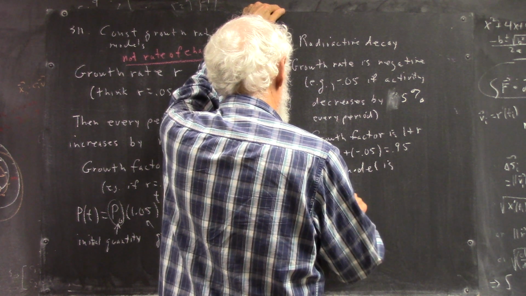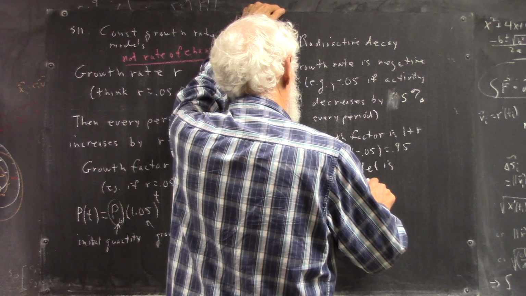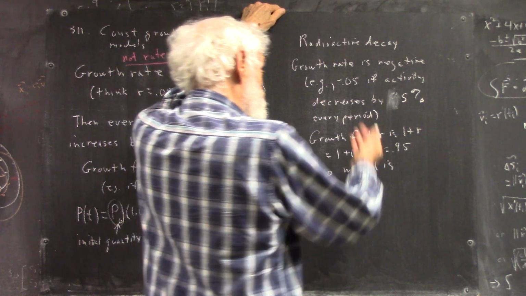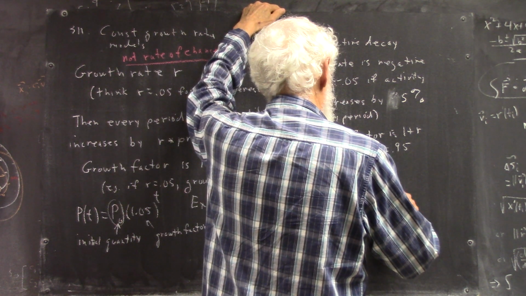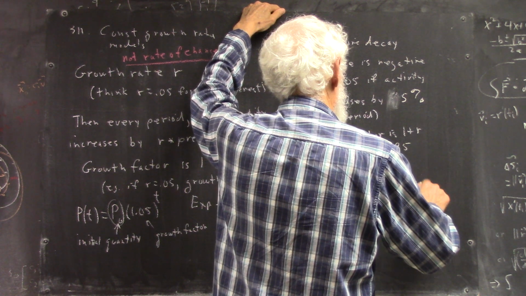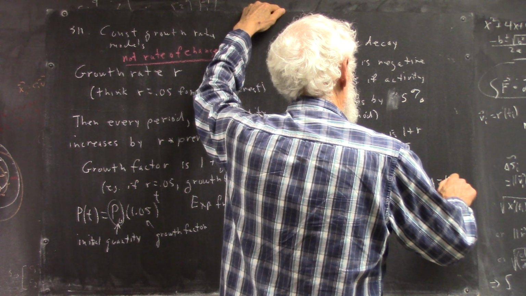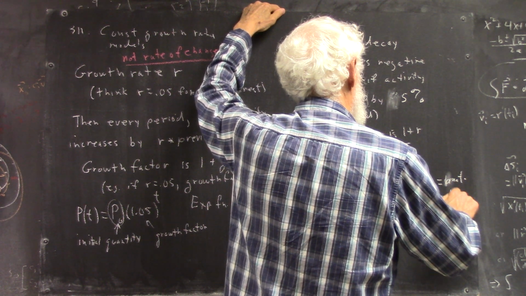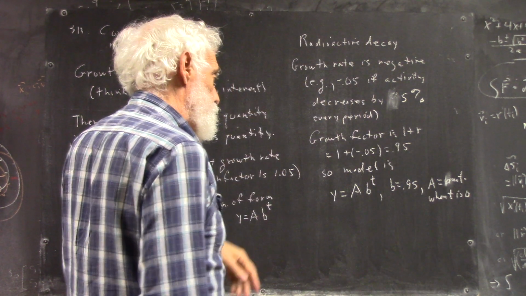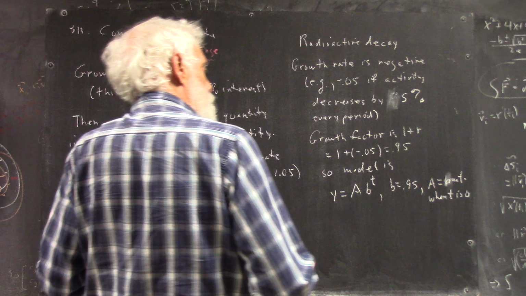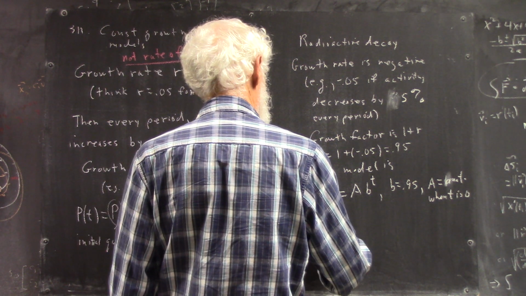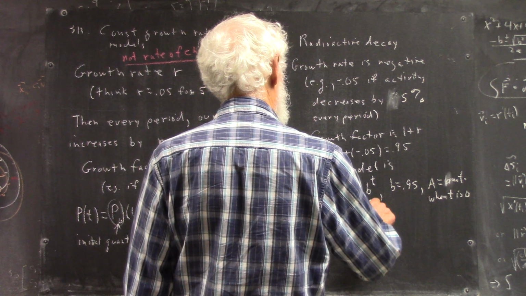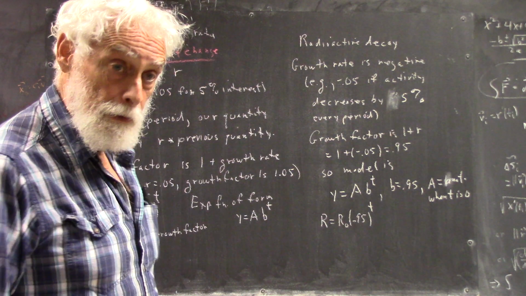So the model is like y equals a b to the t, where t is the number of periods, whatever period it takes to decrease by 5%, b equal to 0.95, and a equal to the amount when t is 0. Okay, so if you want to talk about radioactivity, we could call it R equals R naught times 0.95 to the t. That would be our model.